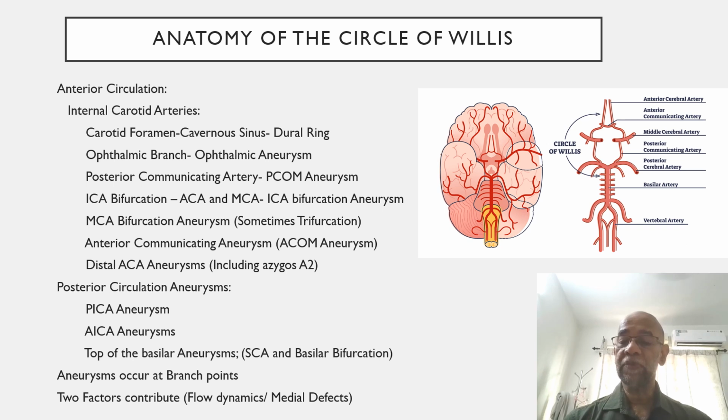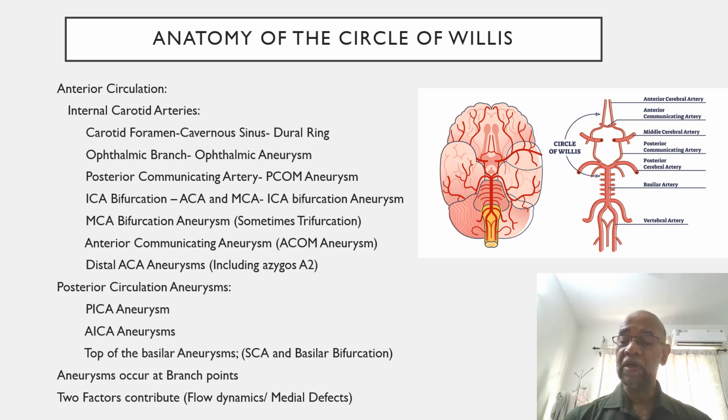As the ICA moves further up, you also have anterior clinoidal aneurysms just next to the PCOM, often difficult to differentiate, but with more devastating complications. The ICA passes back and then bifurcates into the middle cerebral artery and the anterior cerebral artery. And at this bifurcation again, you can have an aneurysm, which is called an ICA bifurcation aneurysm.